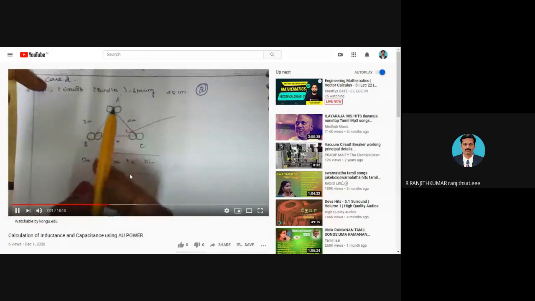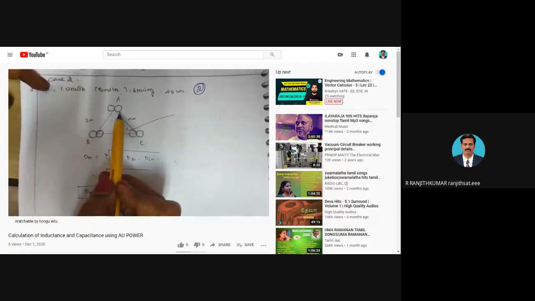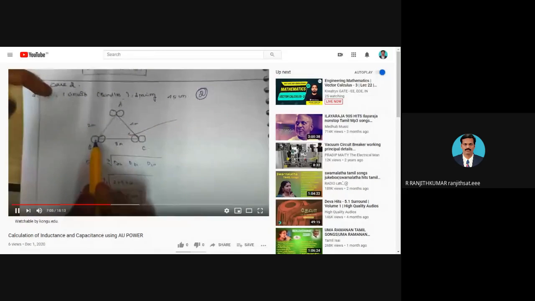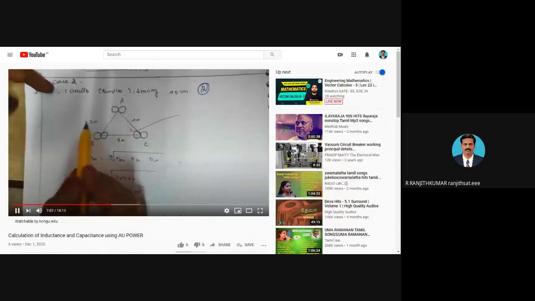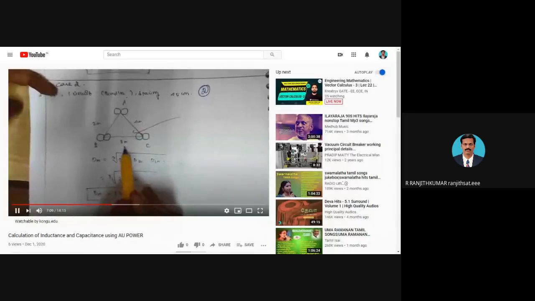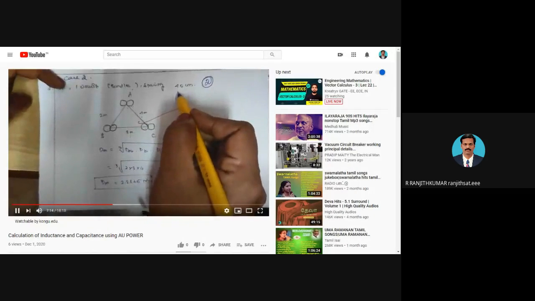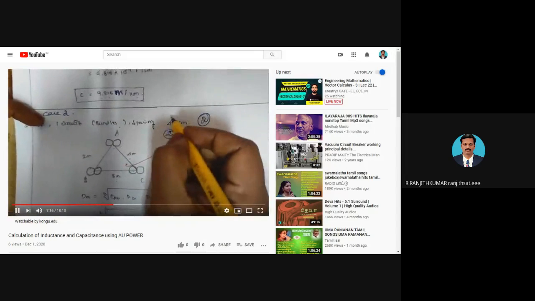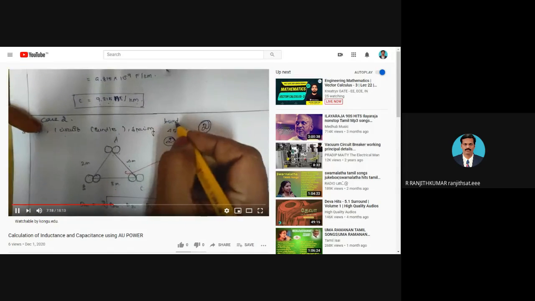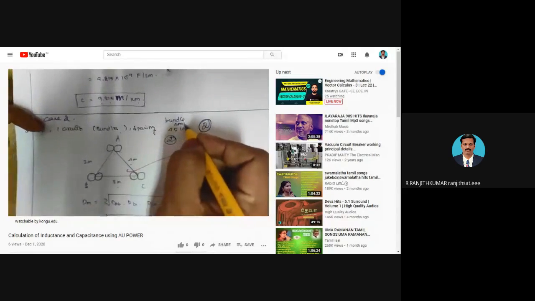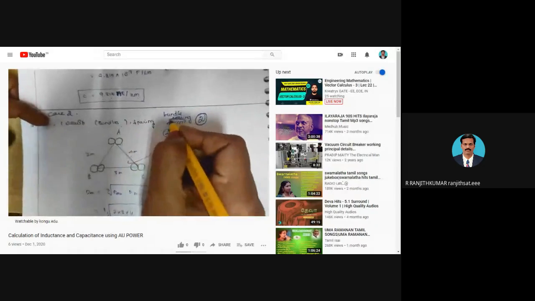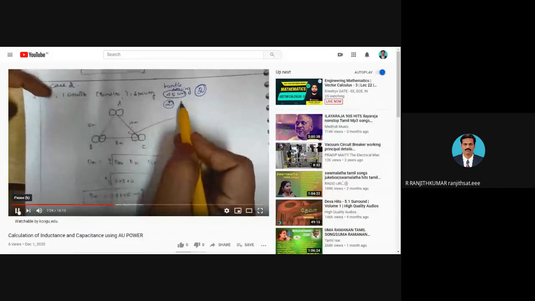I can redraw the diagram like this. A phase has a two-conductor bundle, and B phase and C phase are as before. The remaining distances are kept as previous. The only thing is, it is a two-bundled conductor and the bundle spacing is taken as 45 centimeter.